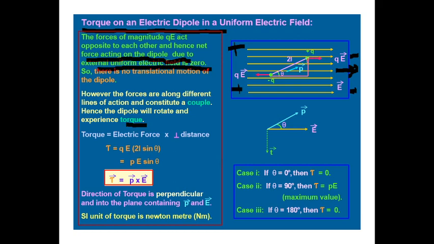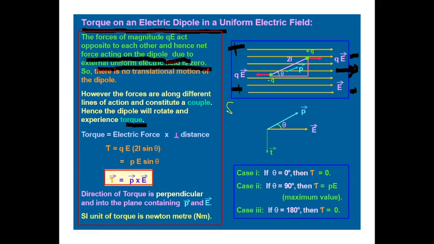The perpendicular distance can be calculated from this triangle, which makes the angle theta, where sine theta equals opposite divided by hypotenuse.